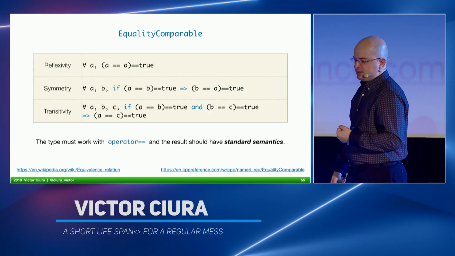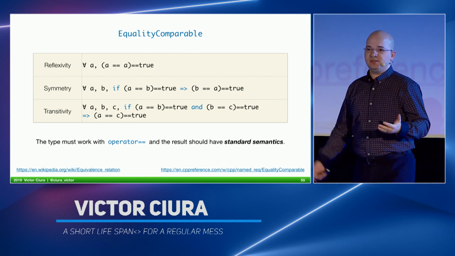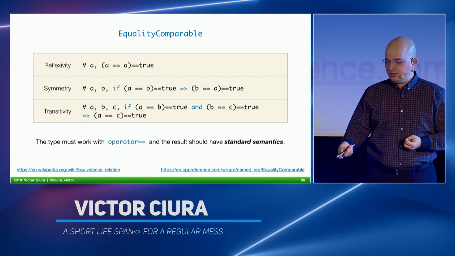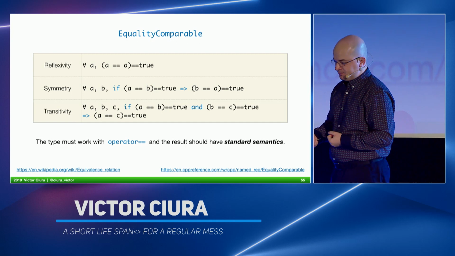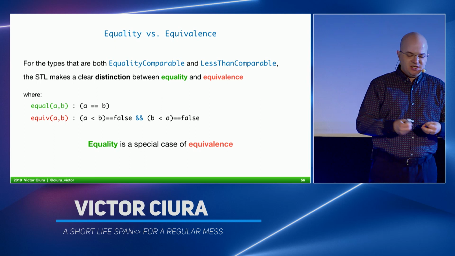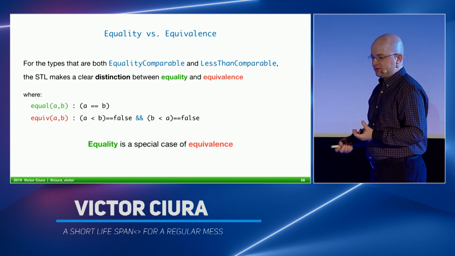Equality comparable is defined by 3 axioms: reflexivity, symmetry, and transitivity. This is something we learned early on in school. And types must provide an equality operator, and it should have standard semantics. We don't want to change the meaning of equality for our type. We cannot make it mean something else.